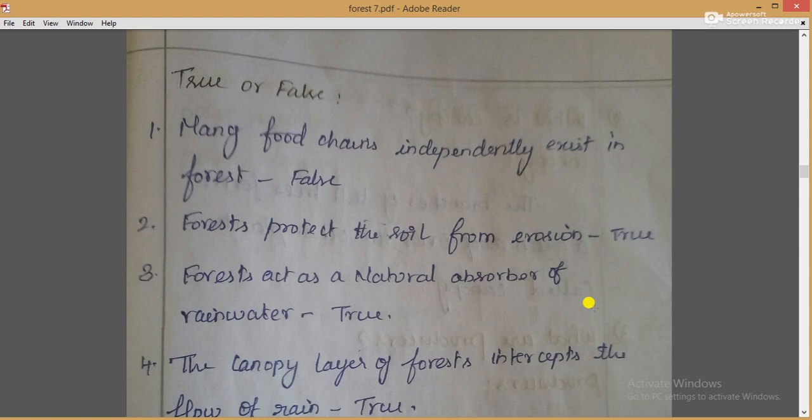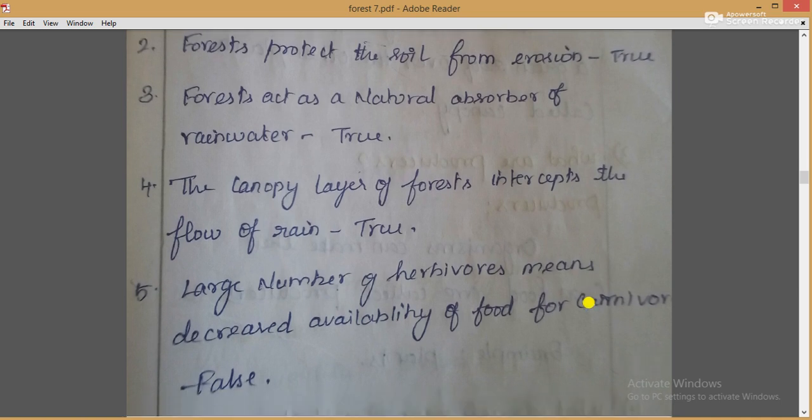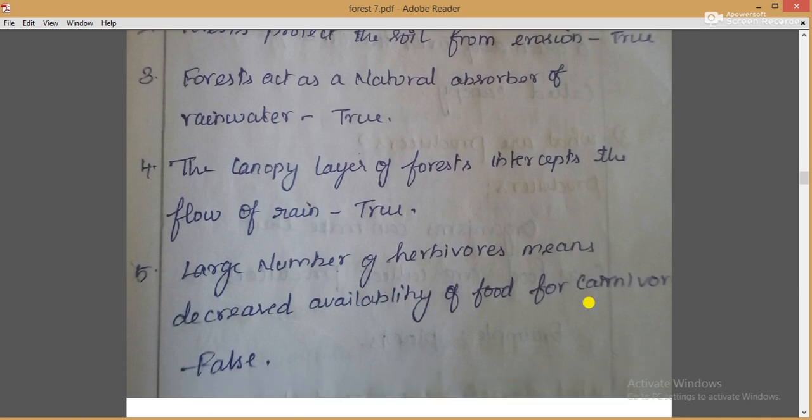Forests protect the soil from erosion. That is true. Forests act as a natural absorber of rainwater. Yes, right. Then the canopy layer of the forest interrupts the flow of rain. So the answer is true. Then a large number of herbivores means decreased availability of food for carnivores. So the answer is false.